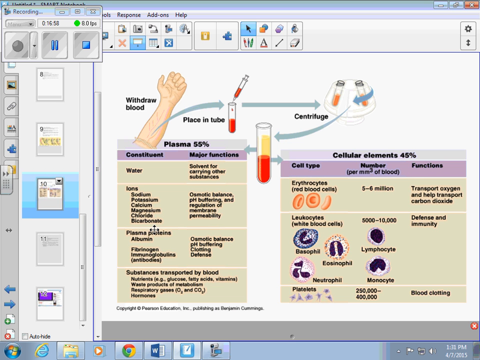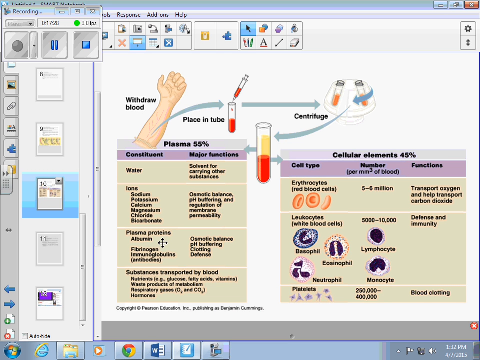The plasma chart is not really important that you get every single thing on there, but you should know that the plasma is made up of mostly water, and its function is simply to be fluid and to help carry substances. I want you to put on there that there are lots of ions in here, and the purpose of those is to keep the water balance consistent and keep the consistency of the blood always the same.